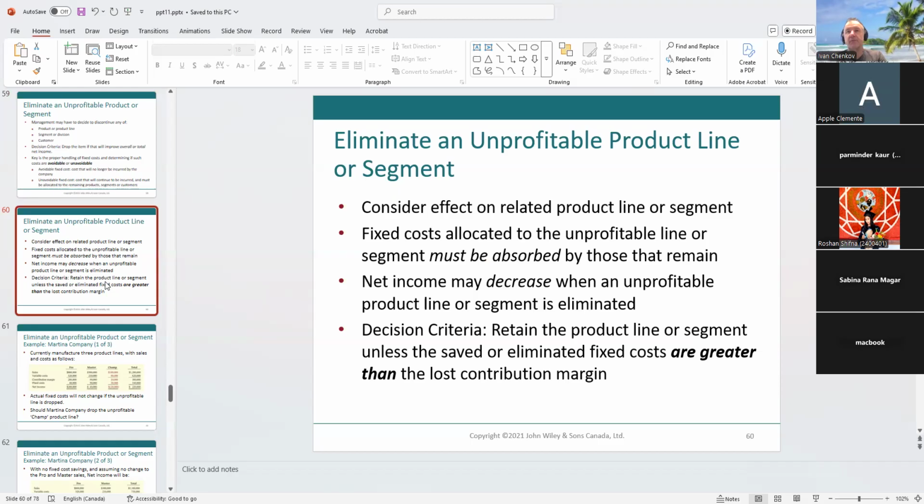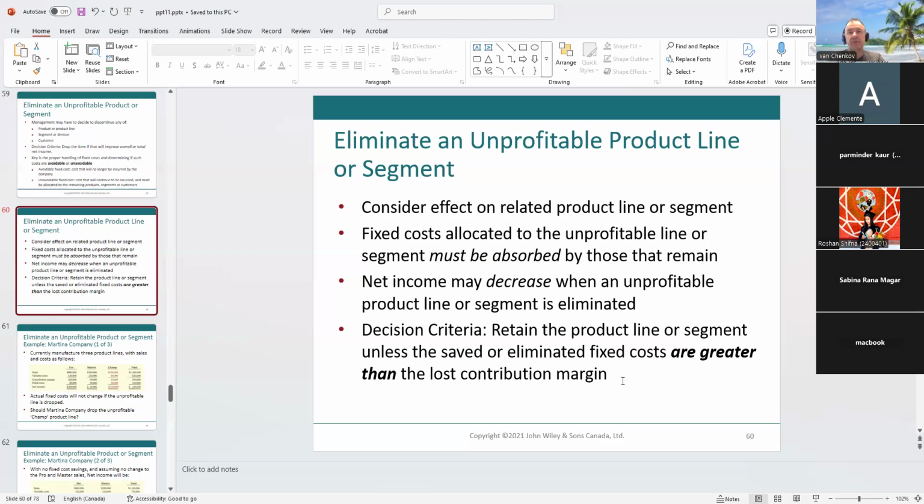The decision criteria again will be to keep the product line or segment unless your saving or eliminating fixed cost is greater than the lost contribution margin. So now watch this. We're talking about eliminating fixed cost greater than lost contribution margin.